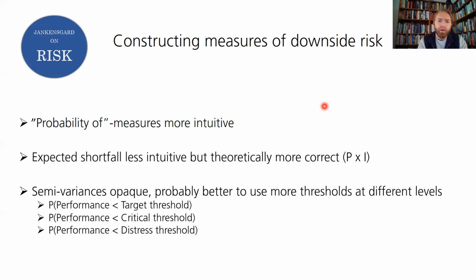But maybe you want to use multiple thresholds to capture the fact that you're approaching some very dangerous territory. So as an alternative to using these semi-variances, which people are unlikely to wrap their heads around for the most part, you can fine-tune your risk profile by adding more threshold levels.